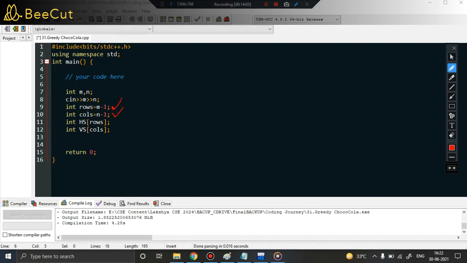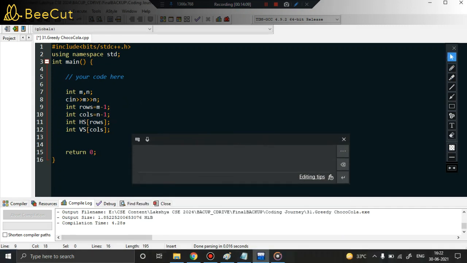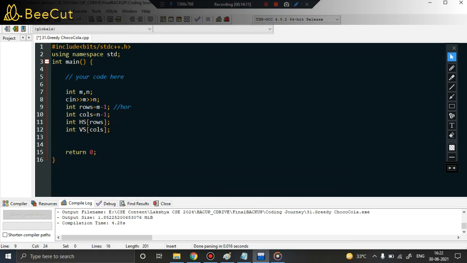Okay, so let me write it here only. So rows basically is horizontal edges and columns basically indicates vertical edges. Great. So now it's time to receive as input the values of these edges, right? The edge cost associated with it.